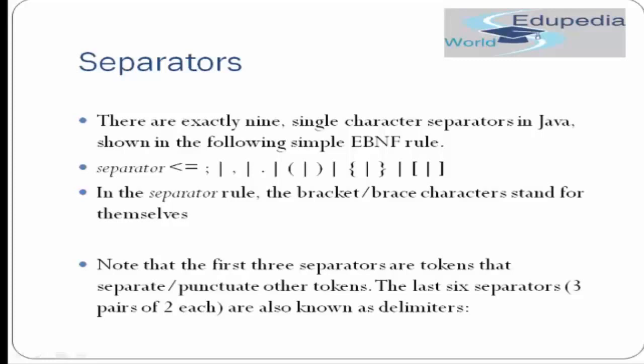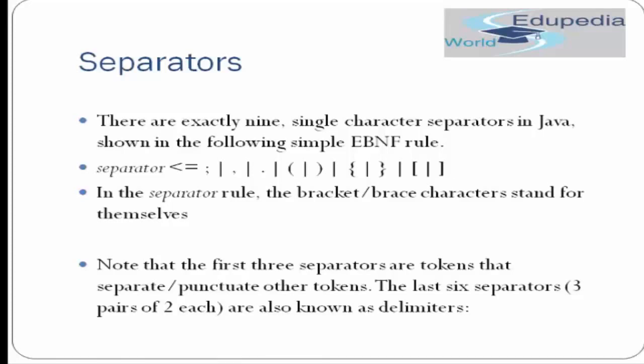In the separator rule, the bracket and brace characters stand for themselves. That means each of these symbols, including braces, comma, or anything else, is a separator: comma, dot, brace, closing brace, curly brace, closing curly brace, bracket, closing bracket. All these are separators.